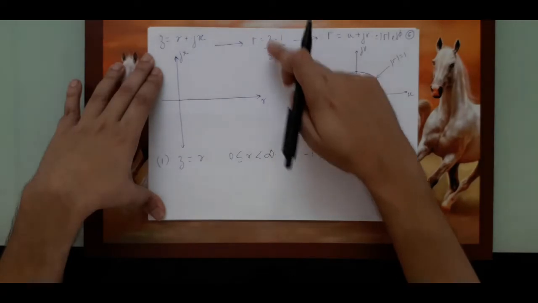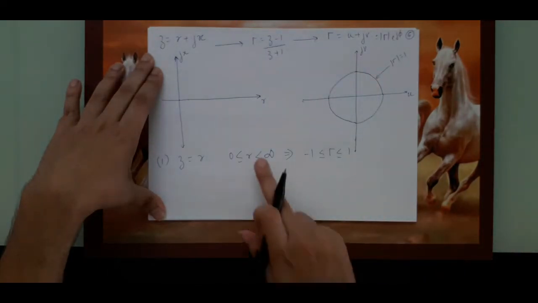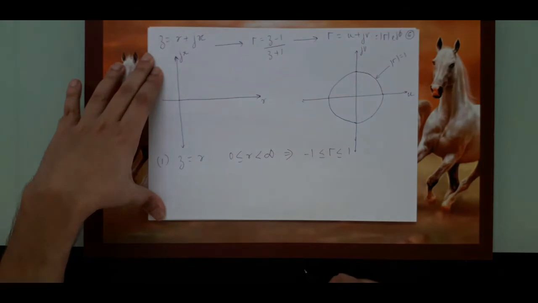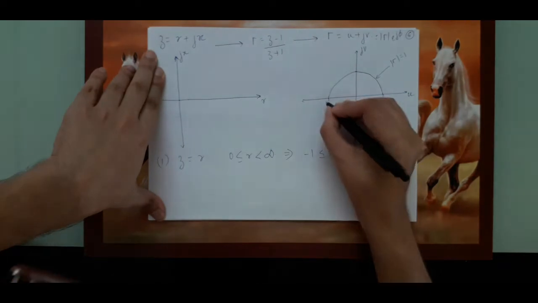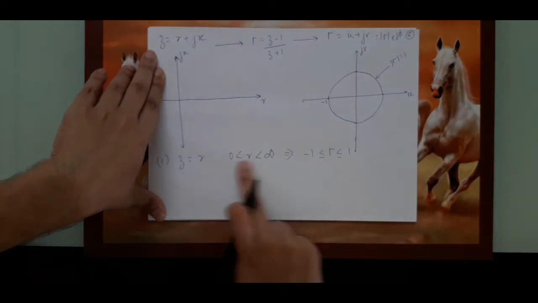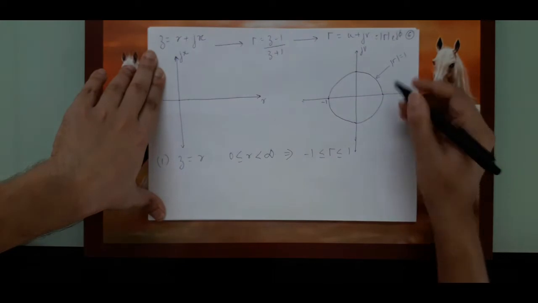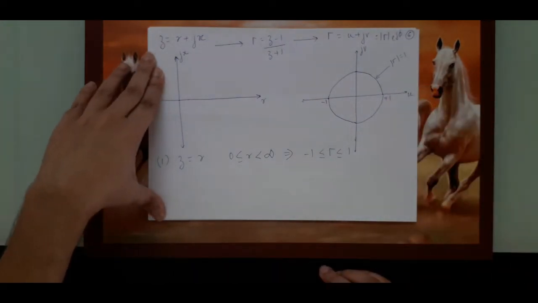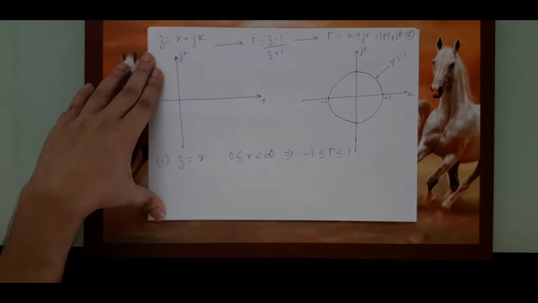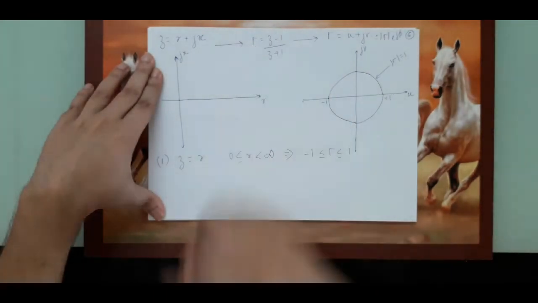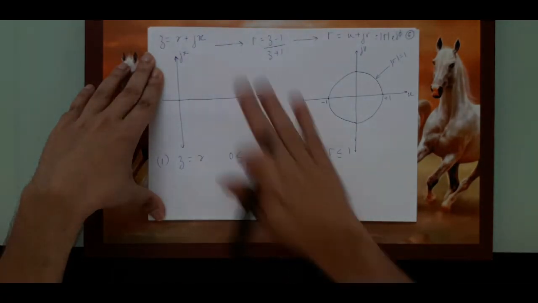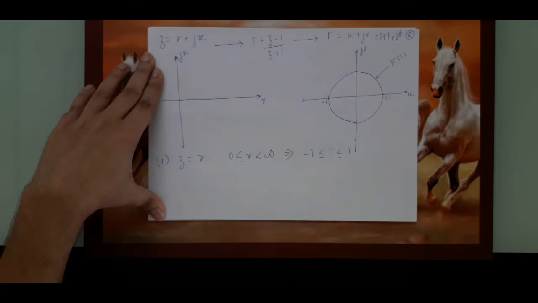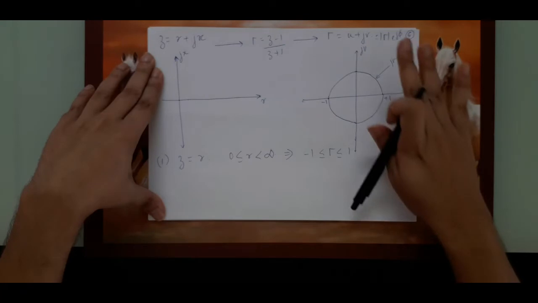Since both numerator and denominator in this case will be real, gamma will also be purely real. So therefore 0 becomes -1 and infinity becomes +1. Notice this is something very interesting. What was infinity on the impedance plane, I am now representing as a point on the gamma plane.